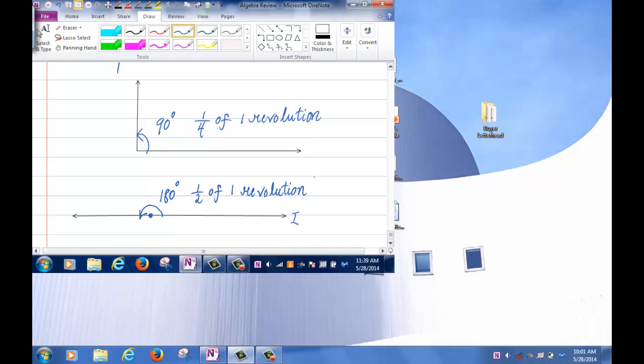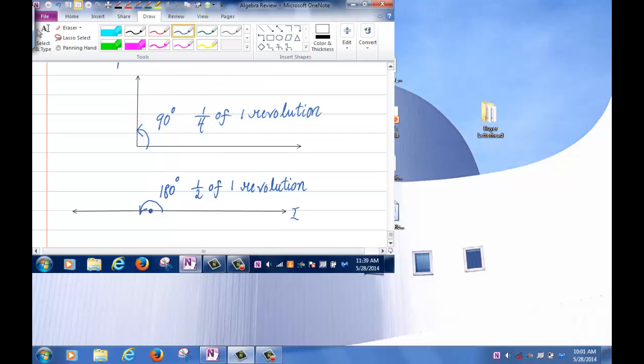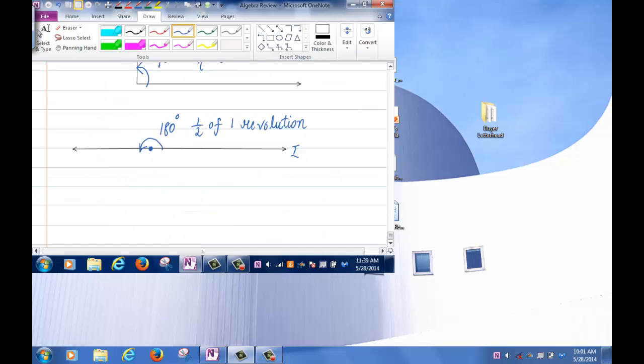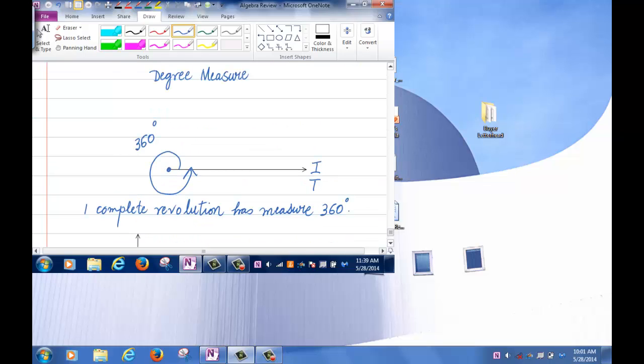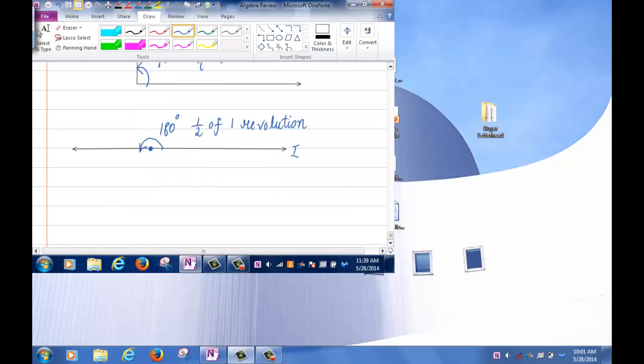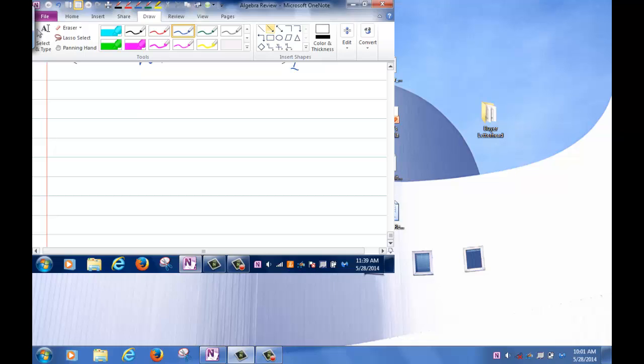So that's how I view this. So basically what's happening here is that 360 degrees, I have one complete revolution, and I am dividing it into 360 segments.